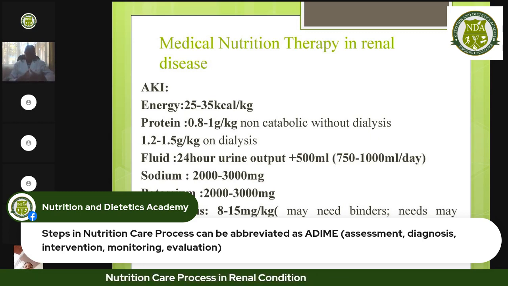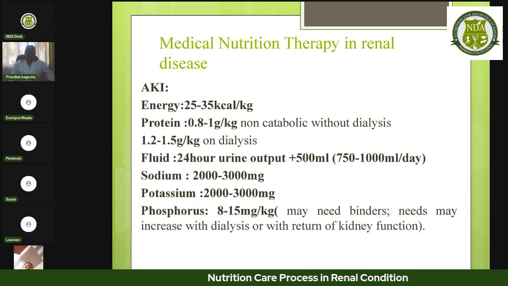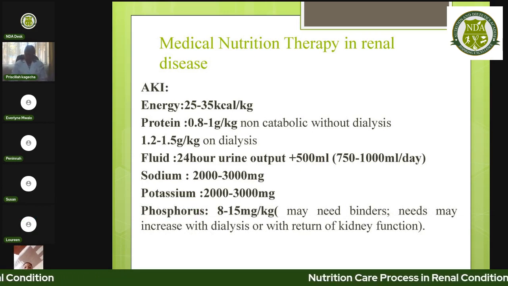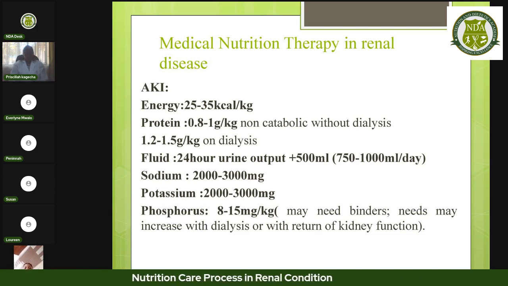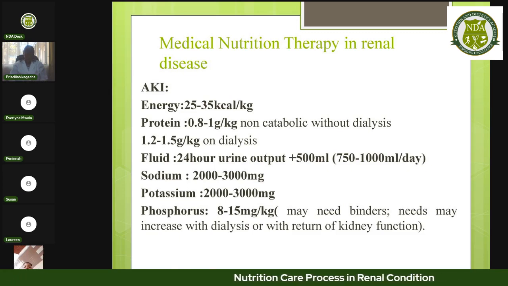Say, for example, you have a patient who has AKI. There are several goals in your diet. You may want to give this patient about 25 to 35 kilocalories of energy per kilogram. For protein in AKI, you want to give about 0.8 to 1 gram per kg for the patient without dialysis.